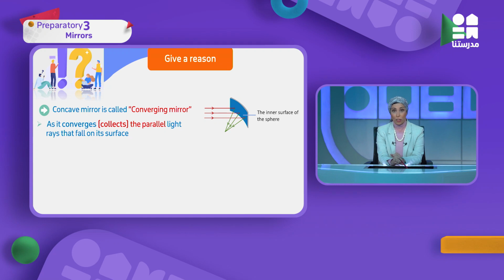Another give reason: why do we call the convex mirror by another name, which is diverging? The word diverging means scattering, so it scatters the rays falling on it. As soon as parallel rays fall on its reflecting surface, they diverge.